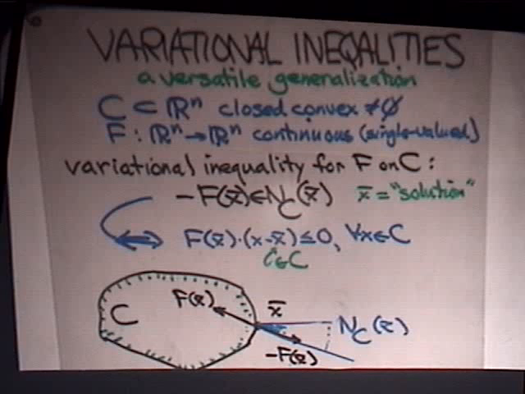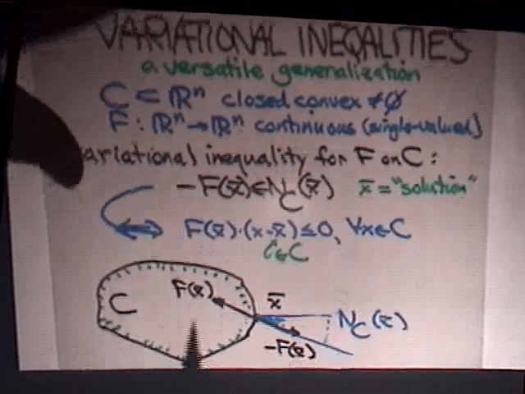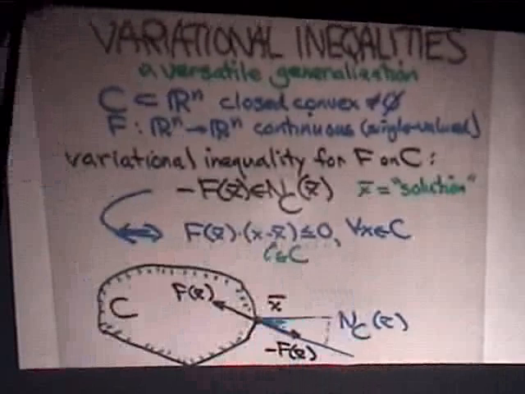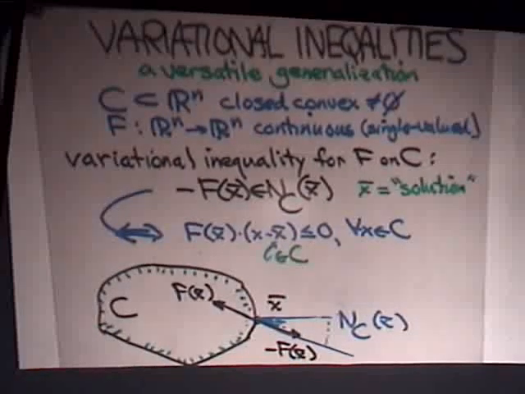The negative of the value, f of x bar, should belong to the normal cone to the set C. And according to the definition of the normal cone, this is the same as the system of inequalities that you see written here in blue, this system. And it's somehow out of that way of writing the condition that the term variational inequality arises.